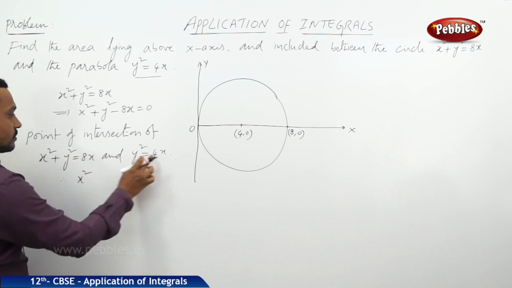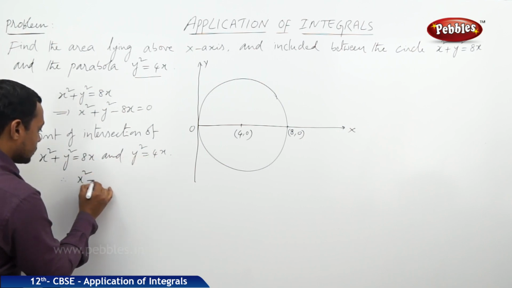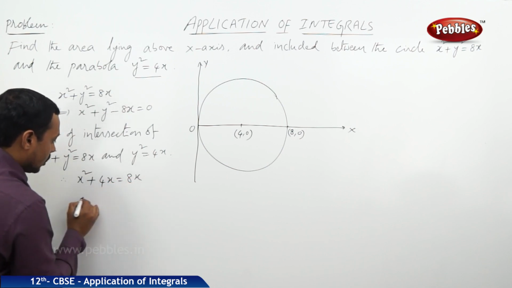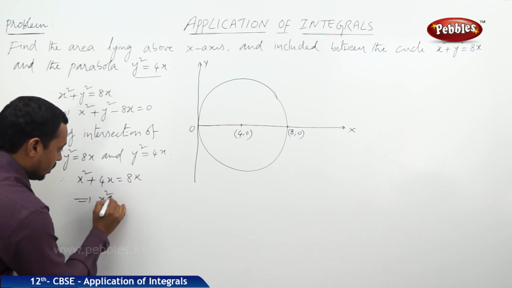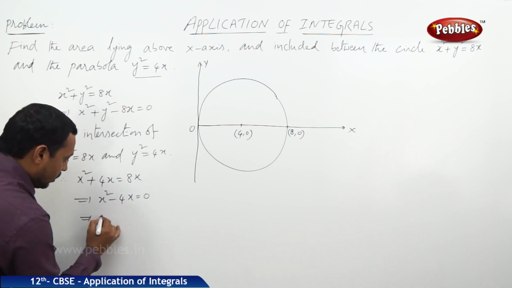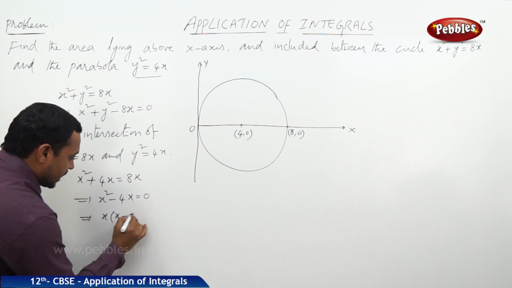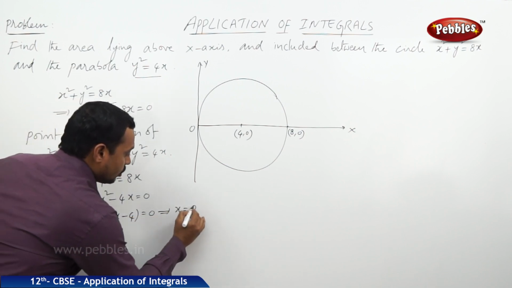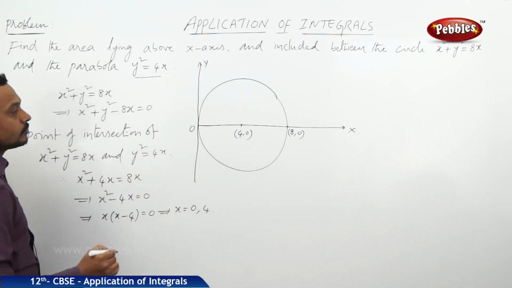So, eliminate y square by 4x. x square plus 4x is equal to 8x. Now, this is x square minus 4x is equal to 0. Now, when we take x common, it is x into x minus 4 is equal to 0. Therefore, x is equal to 0, 4.